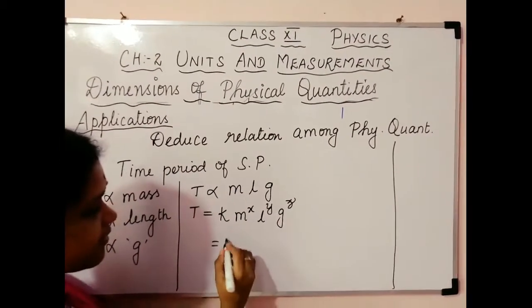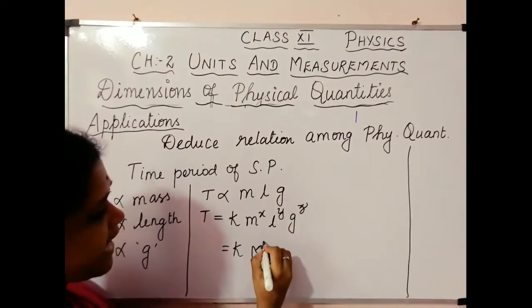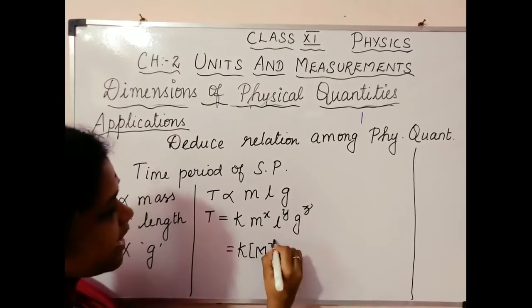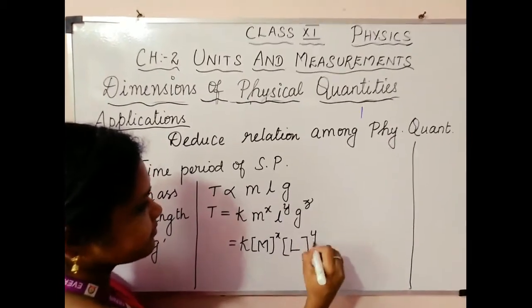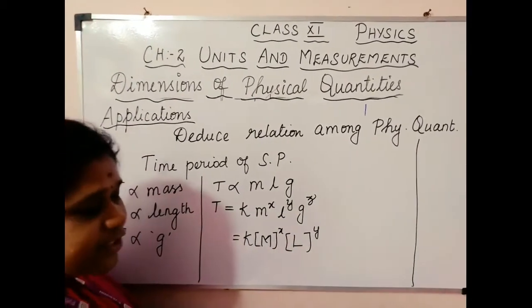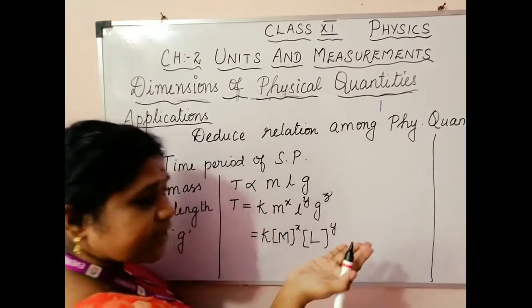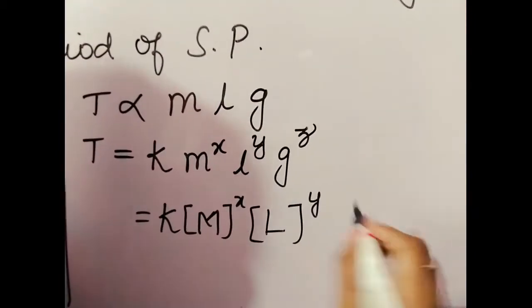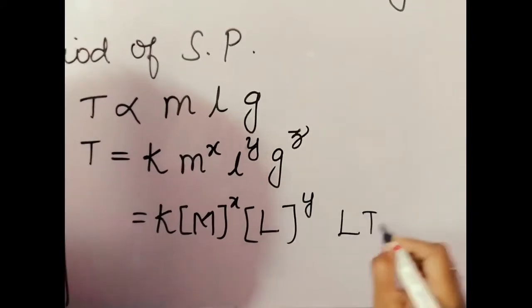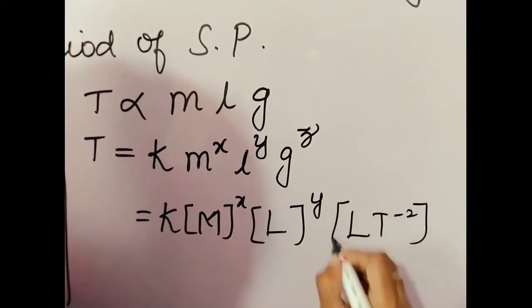Mass is M anyway, so M power x, length L power y, and g, acceleration due to gravity, which has the dimensional formula of acceleration, L T power minus 2, the whole power z.